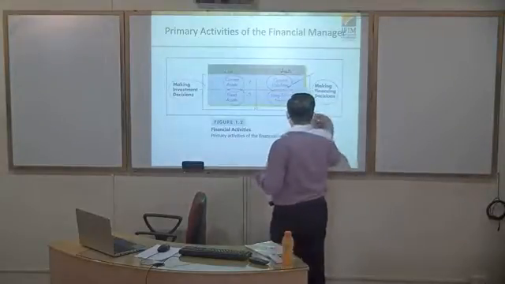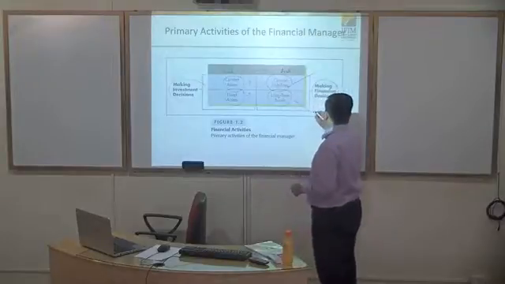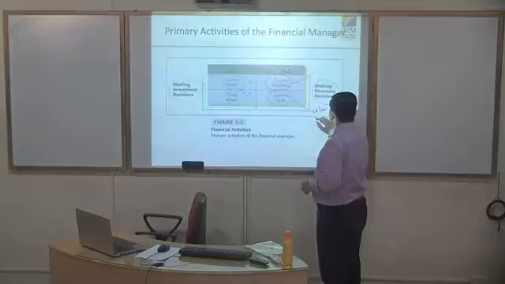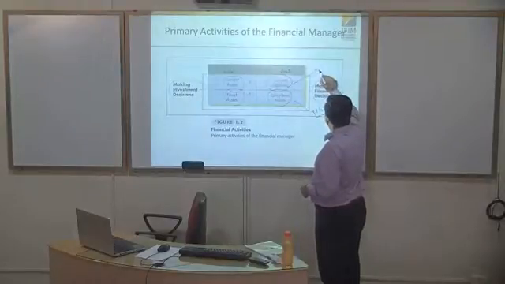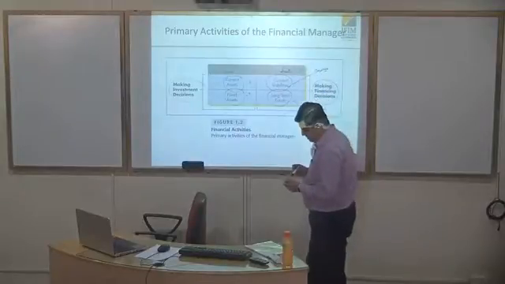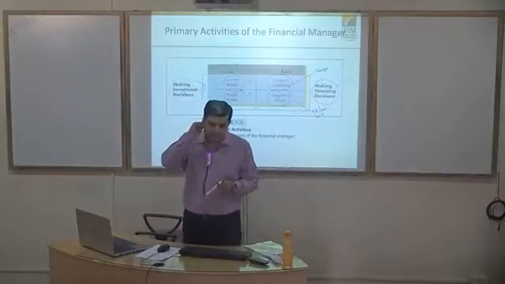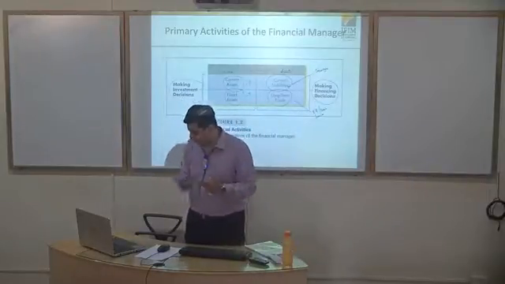Long-term funds can be equity, debt, debentures, long-term loans from third parties, and then the creditors for liabilities. We are waiting for some payments from our buyers. That's again creditors.